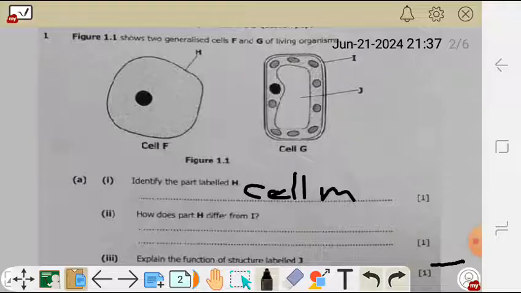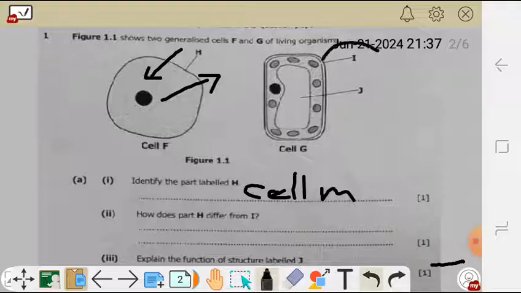The function of the cell membrane is to selectively permit certain substances in, and also selectively permit certain substances out of the cell. So it is selective. It will choose what will enter the cell and what will leave.